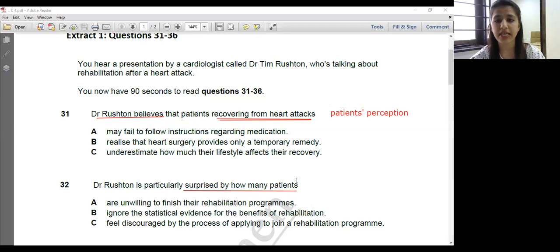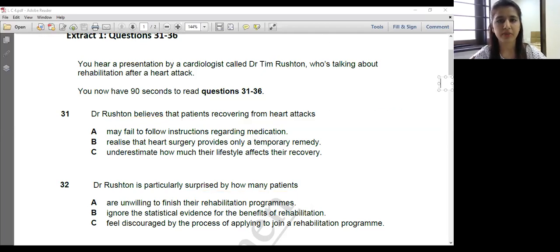That gives you an insight that probably he's going to give us some stats here, which could be related to people taking up the rehabilitation program or people who successfully complete it. It could also include the people who get benefit out of it, and something that surprises him. So again, here I have to identify his viewpoint, isn't it? What is his viewpoint towards the statistics that he's giving?